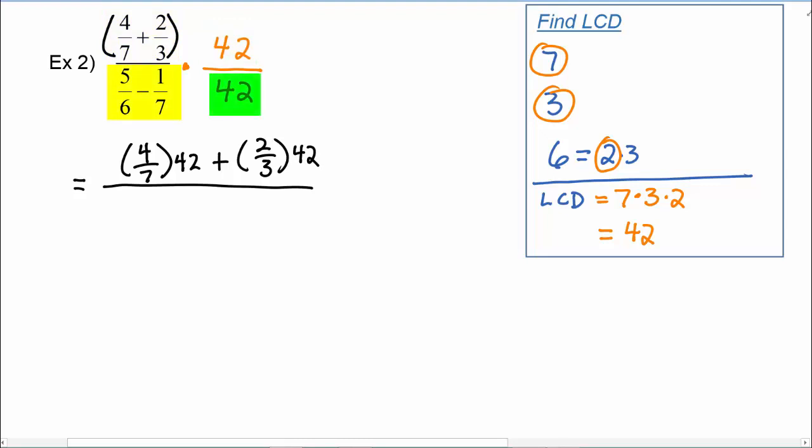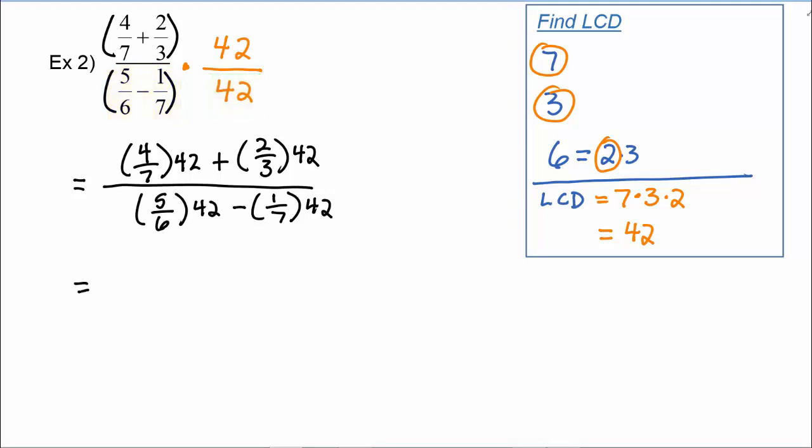In the denominator, we have to distribute the 42 over the 5/6 minus 1/7, and we get 5/6 times 42 minus 1/7 times 42.